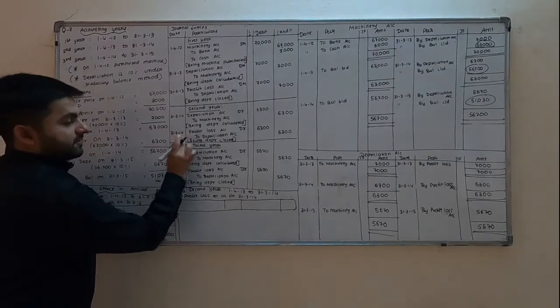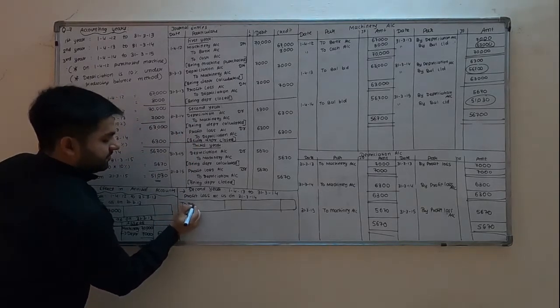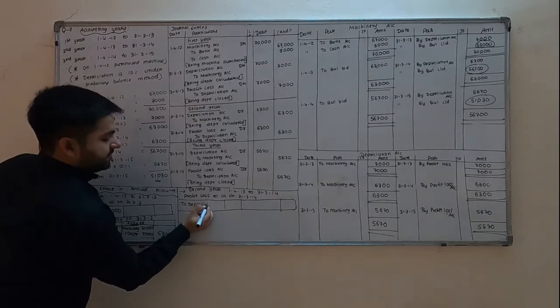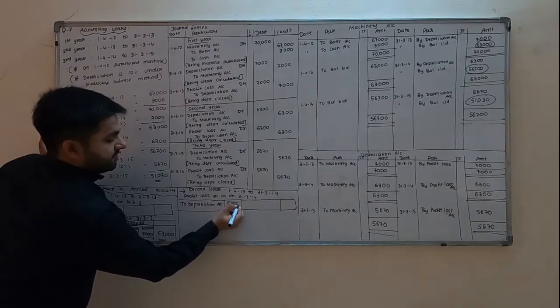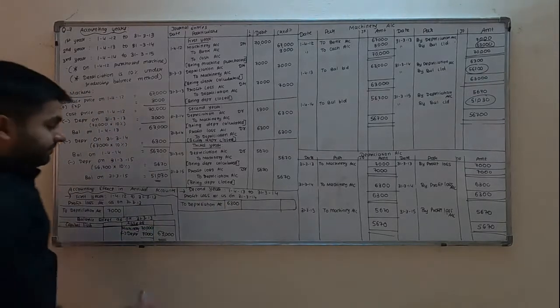Again, profit and loss account debit to depreciation account. So here on the debit side to depreciation account. Second year's depreciation is 6,300.